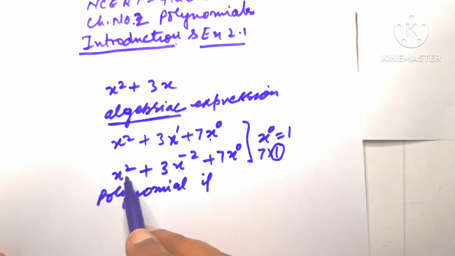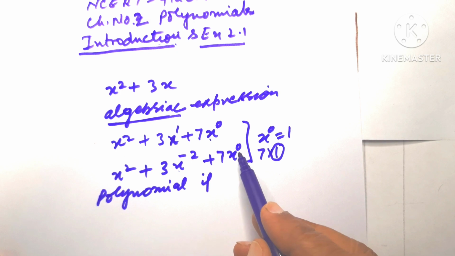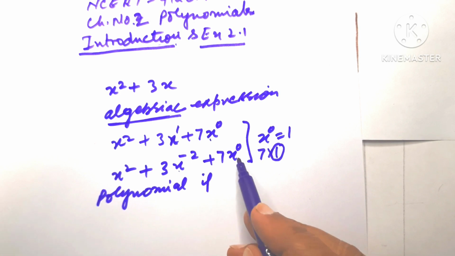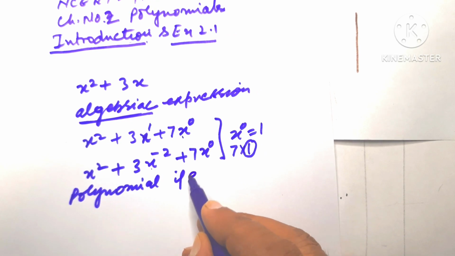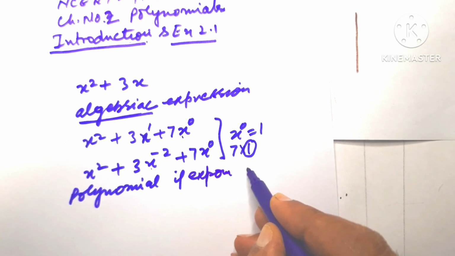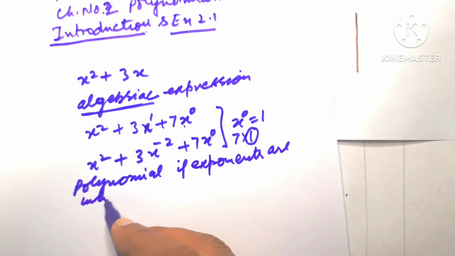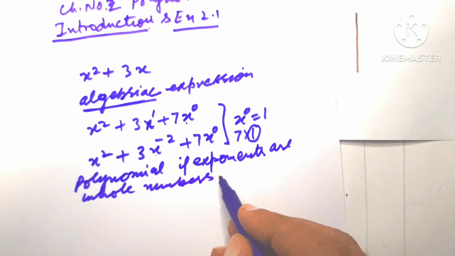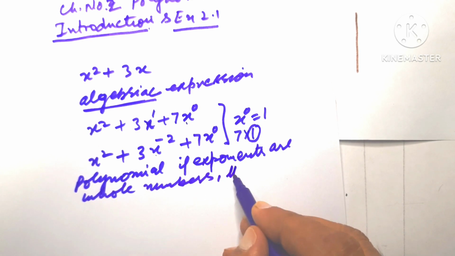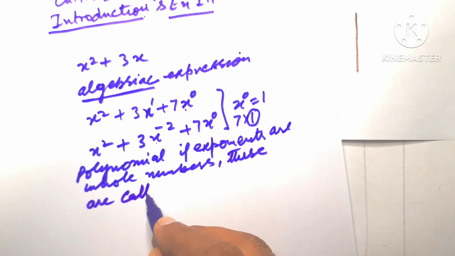Here also in x square, 2 is the exponent, minus 2 is the exponent of x, and 0 is the exponent of x. If these exponents are whole numbers, then these are called polynomials.